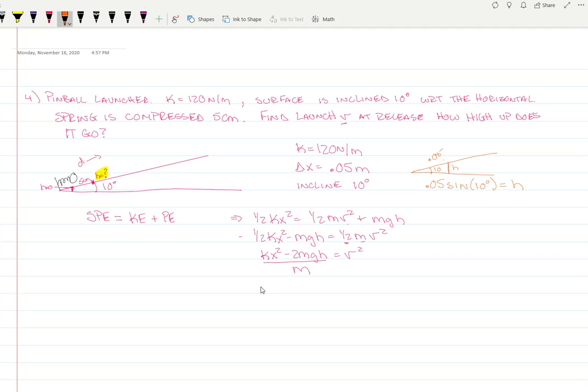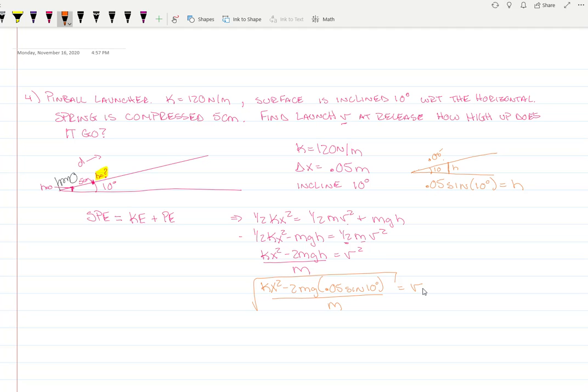Now I can actually solve for this. So I'll get kx squared minus 2mg times 0.05 times sine of 10, divided by mass. Take the square root of that whole mess, and that gives me my velocity.